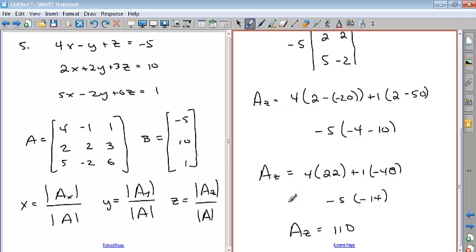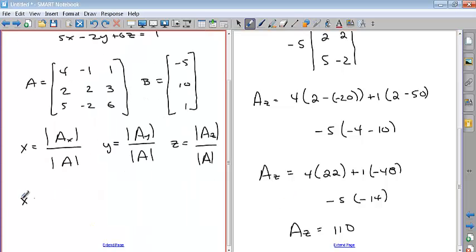And I get 110, which is a multiple of 55, so I'm happy still. Now we can come back over here and put these things in.